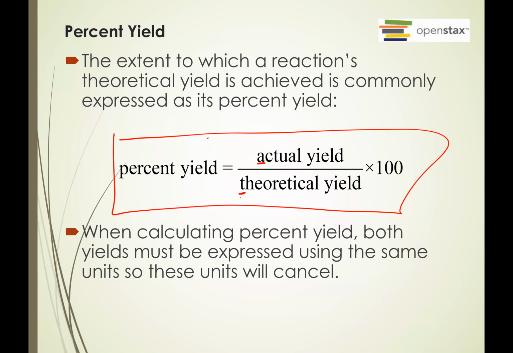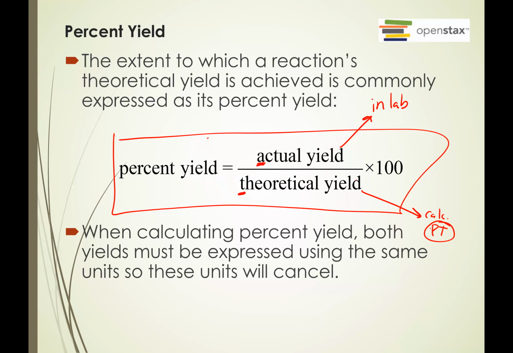I always remember because it spells AT: actual over theoretical times 100. This is the one in lab that we get. This is the one that we get by calculating. I always think if I look at my periodic table, that's a theoretical yield. So what you just did in that last problem is you did two theoretical yields and you only used one of them.